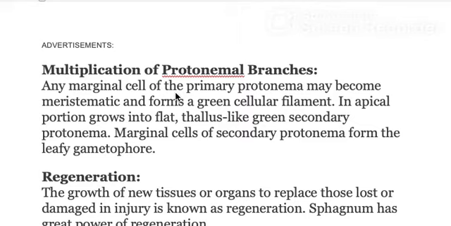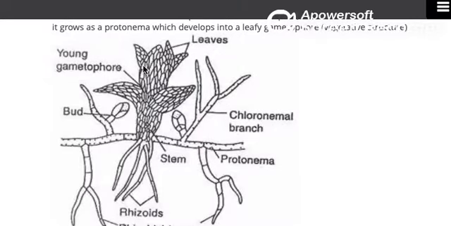You have the protonema, which is the young juvenile stage, and the adult stage. So here you have the picture depicting the protonema, which is a thin filamentous structure. Okay, this protonema is known as the primary protonema.